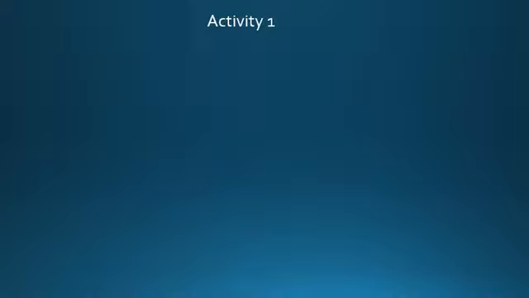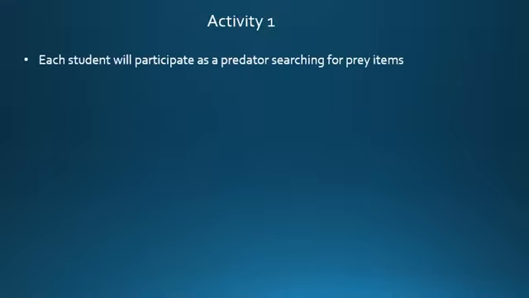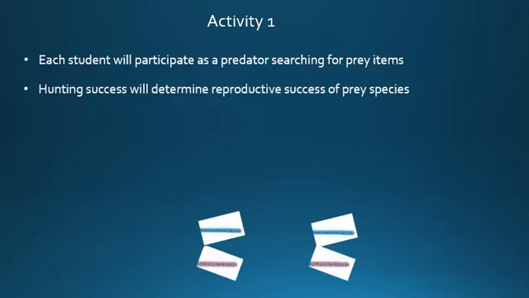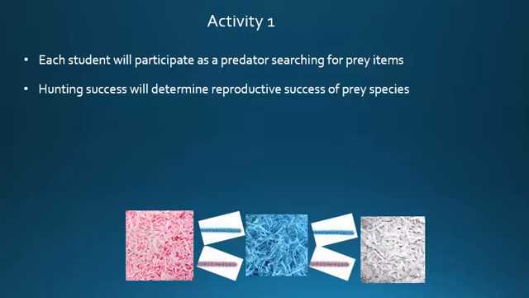So for the first laboratory activity, each student will participate as a predator, and they'll be searching for prey items. In this case, the prey items will be different colored pipe cleaners. How the student does in terms of their hunting success will determine the reproductive success of each of the different prey species.